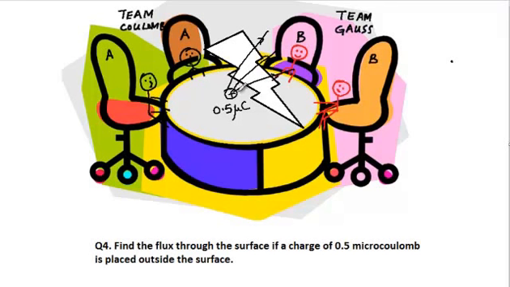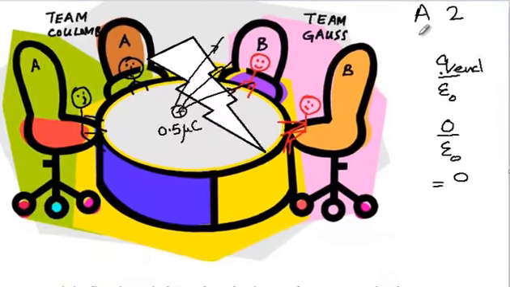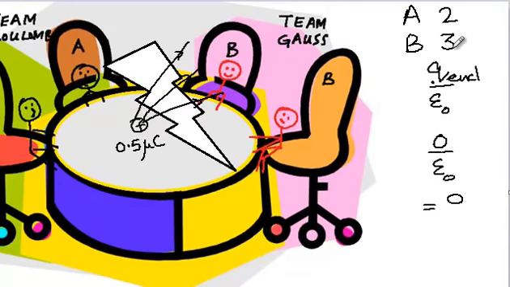Fast work, Team A. Team B says that we only consider the charge which is enclosed by the surface, and since there is no charge enclosed by the surface, Q by epsilon naught, with Q enclosed being 0, is 0 by epsilon naught, so this is 0. Now since Team A answered this question first, they get 1 point for this question. Now Team A has 2 points and Team B has 3 points.